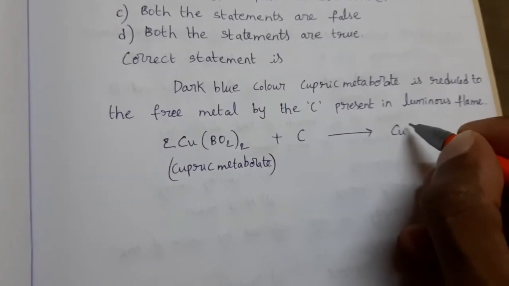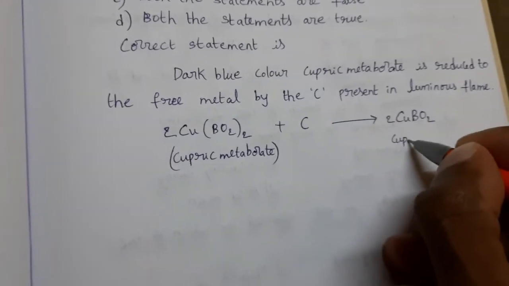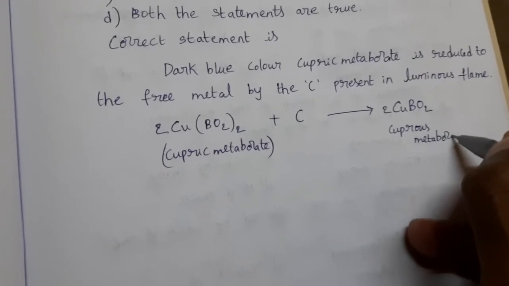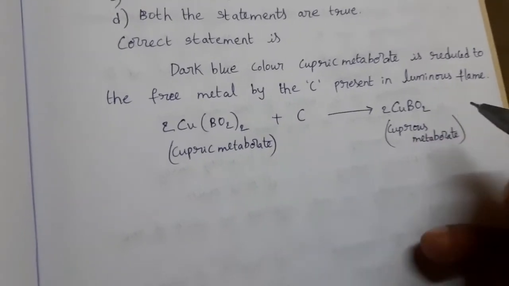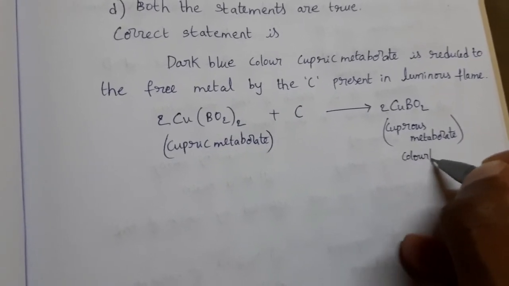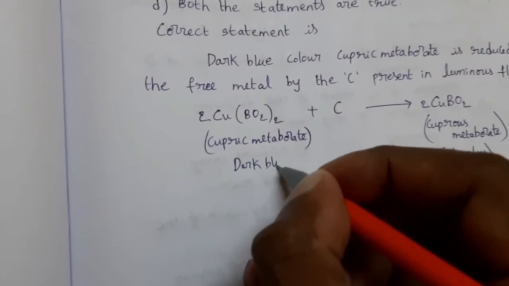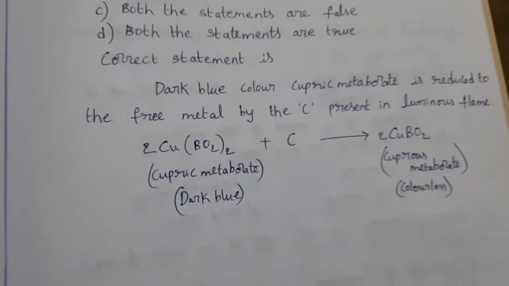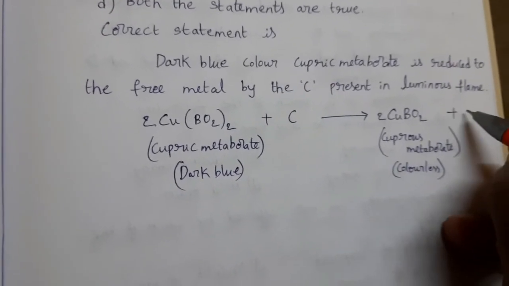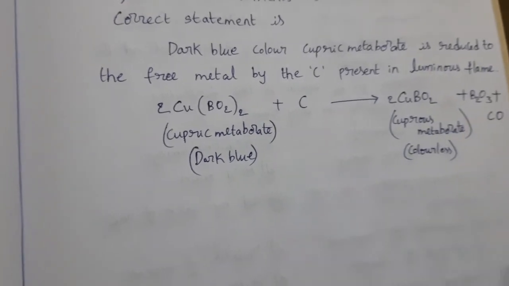Formula CuBO2, this is cuprous metaborate. This cuprous metaborate is colorless. It is dark blue color before. Okay, so statement 1 is wrong. We can get B2O3 plus CO also.